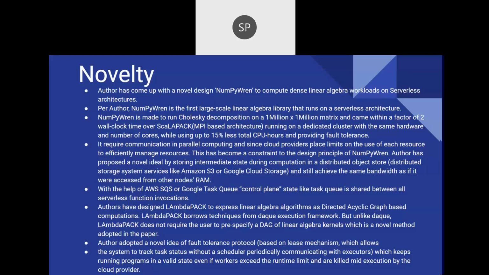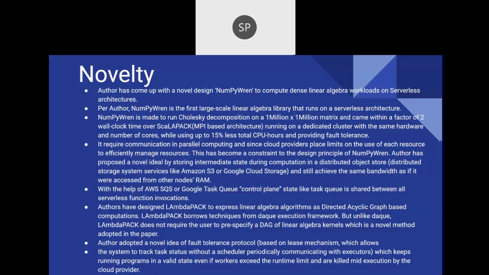It requires communication in parallel computing, and since cloud providers place limits on the use of each resource to efficiently manage resources, it has become a constraint to the design principle of NumPy. The author has proposed a novel idea by storing intermediate state during computation in a distributed object store.